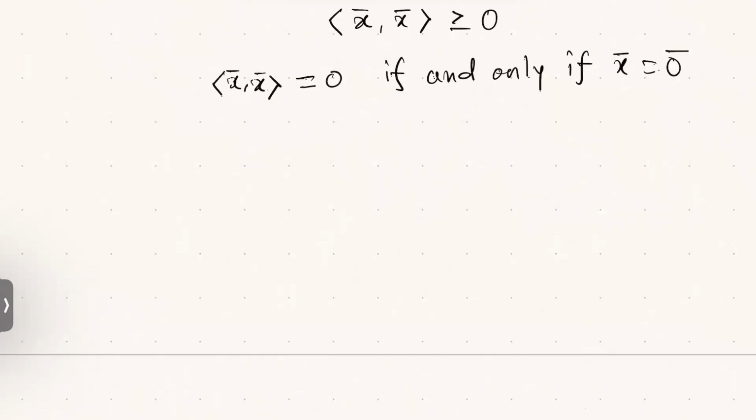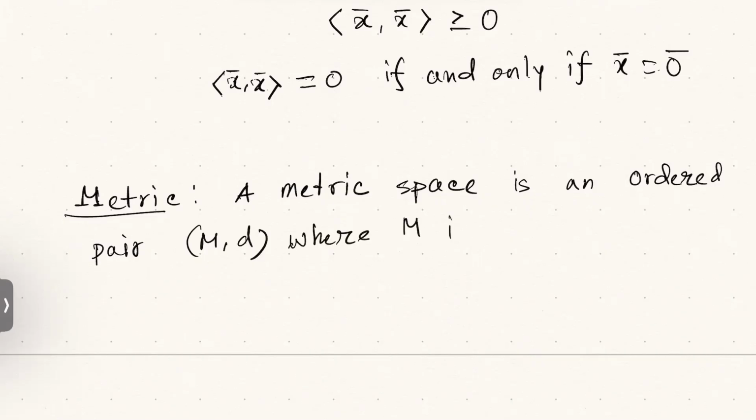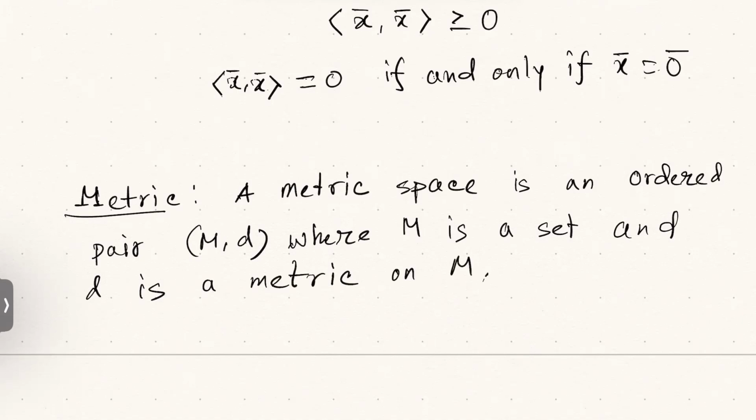So a metric space is an ordered pair (M, d), where M is a set and d is a metric on M, a function.